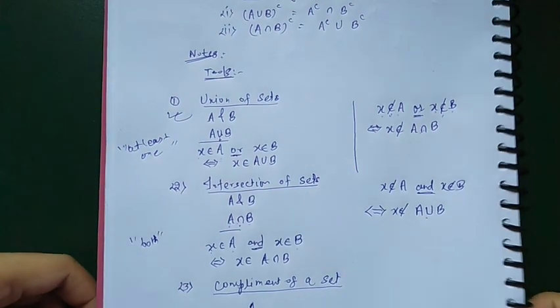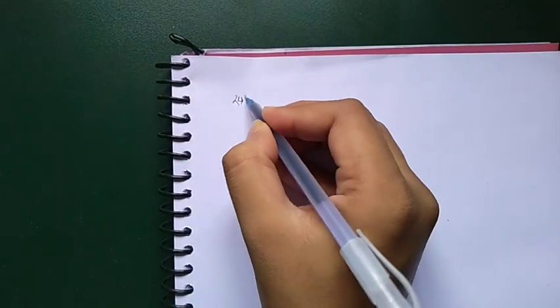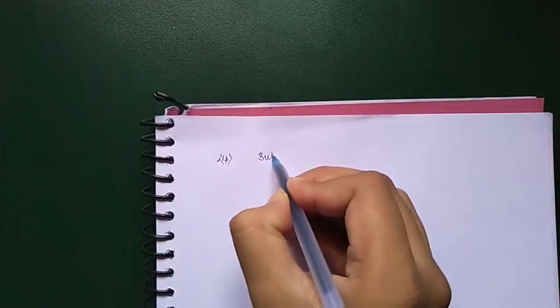Next we are giving some more tools here. Tool number 4, which is subtraction of two sets.